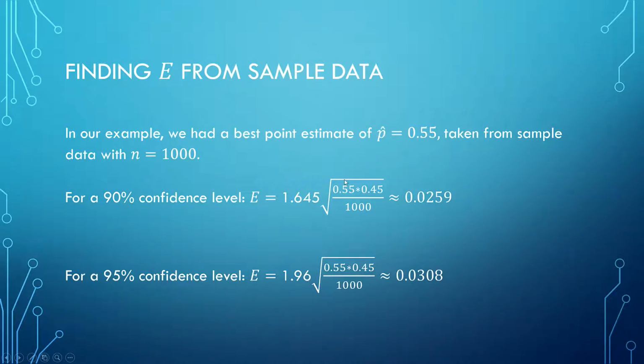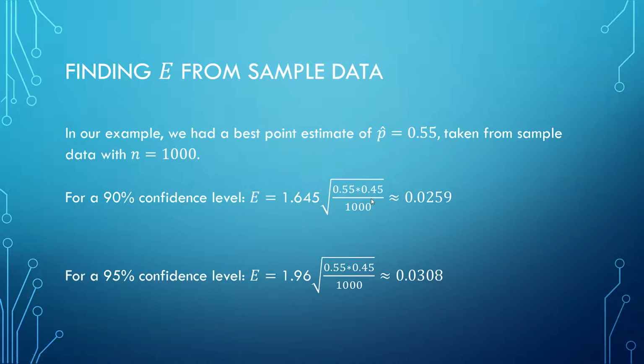So p hat's 0.55. That makes q hat, the complement of p hat, be 0.45. So that pops in there. And then finally, we're dividing by 1,000 because that's our sample size. Square root of that multiplied by our critical numbers, which again changes based on our confidence level. And that's how you get E.